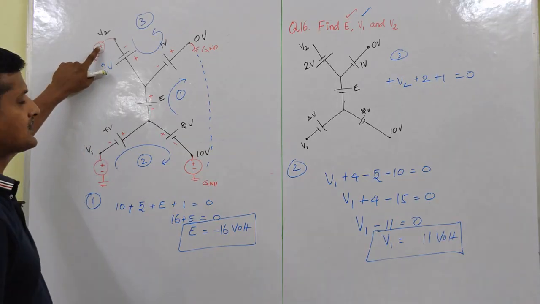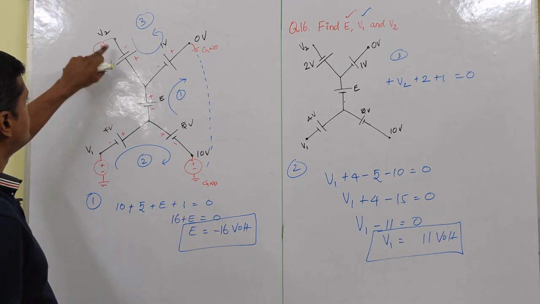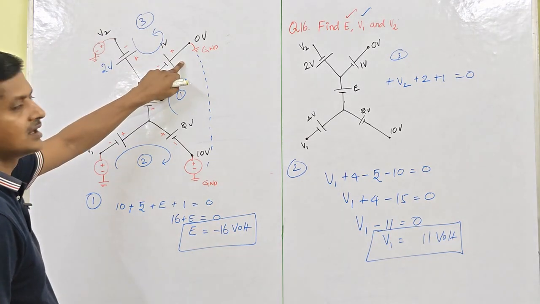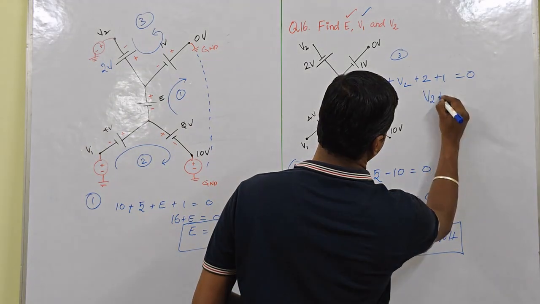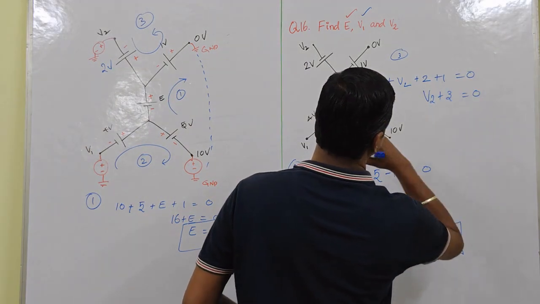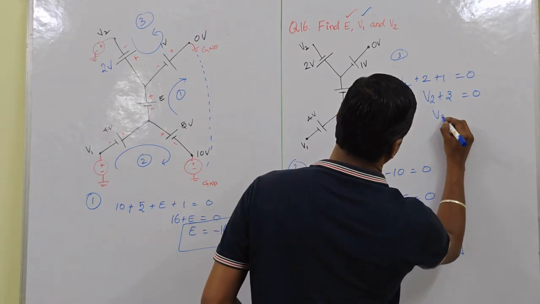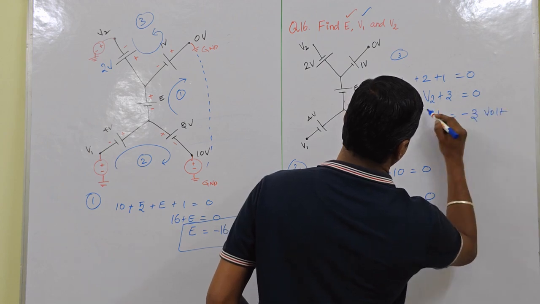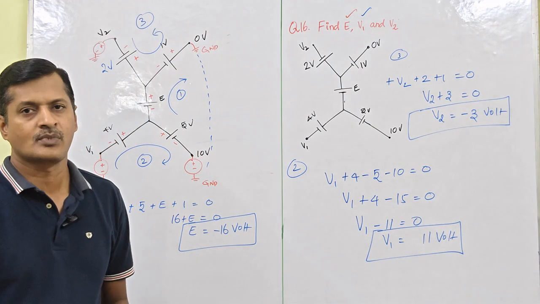So here current leaving is plus, so plus 2 volt plus V2, plus 2 and plus 1 volt equal to 0. So what is the value of V2? V2 plus 3 equal to 0, right? Okay, so what is V2? V2 is equal to minus 3 volt. V2 equal to minus 3 volt, right?